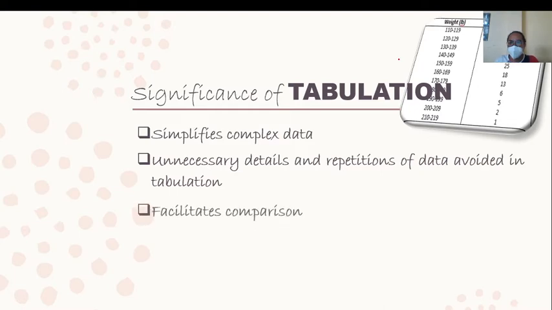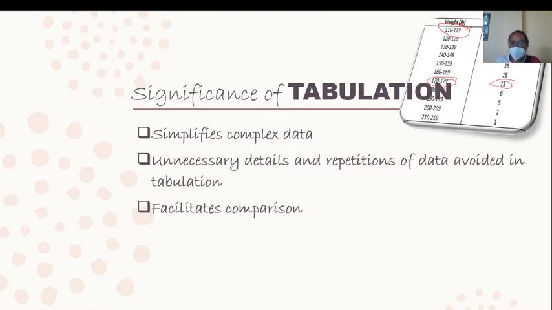And for third, it facilitates comparison. Here, for example, in this first class, 110 to 119, may isang estudyante daw. And i-compare natin sa 170 to 179 pounds na meron daw 13.